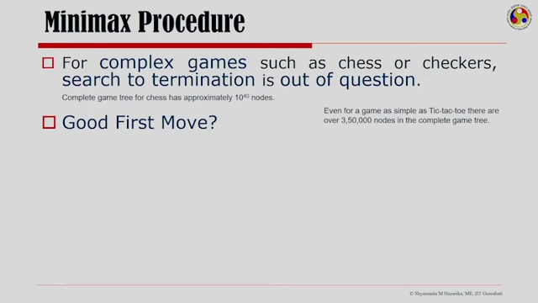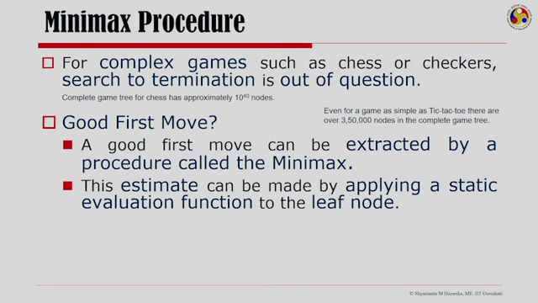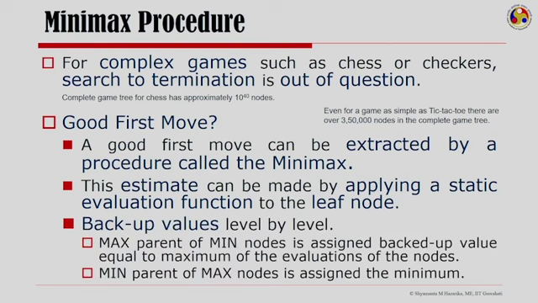The Minimax algorithm that we will discuss today is one that can extract a good move. The estimate is made by applying a static evaluation function to the leaf nodes, and then the values are backed up level by level.